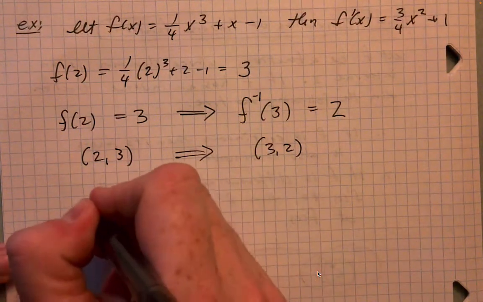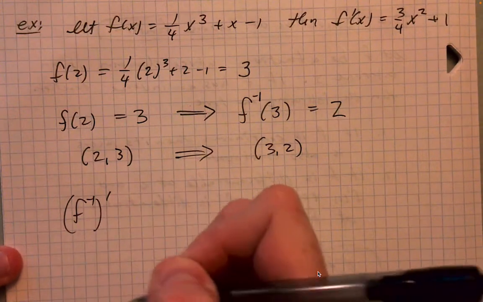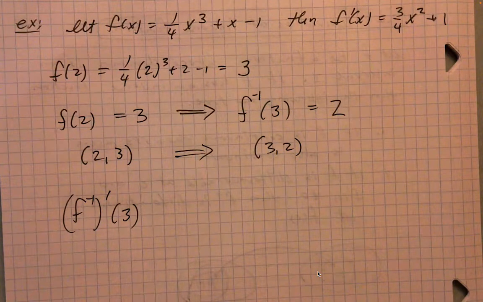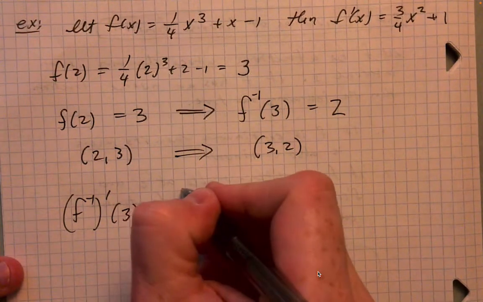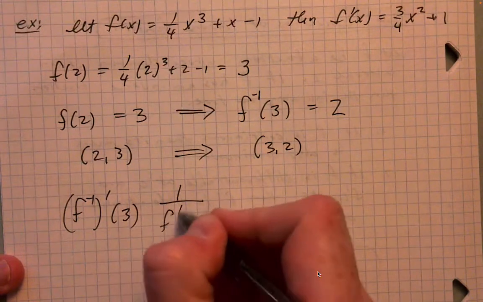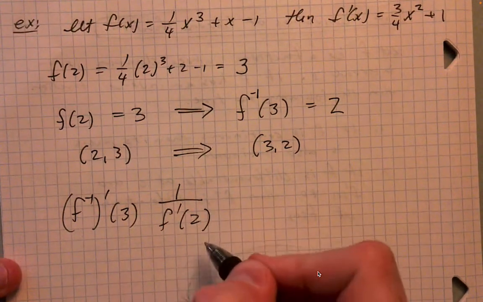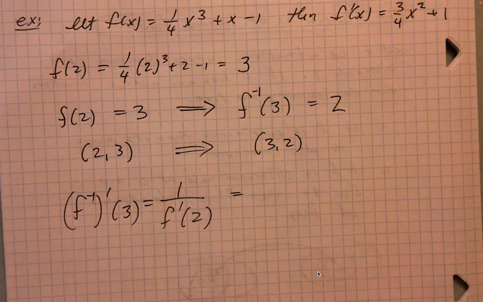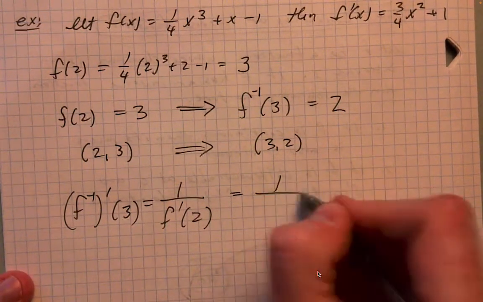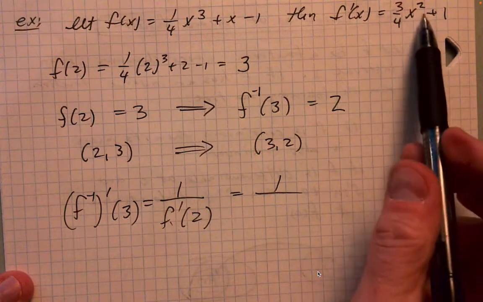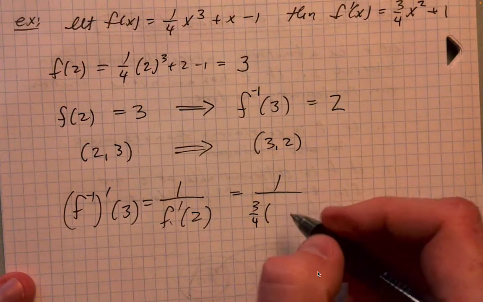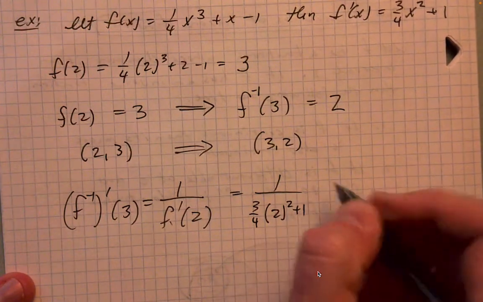Well, what we can say is that f inverse prime of 3 is equal to, well, the theorem above basically says 1 over f prime of 2, which we saw as 1 over, and then the derivative here would be 3/4 x squared plus 1, so it'd be 3/4, and then 2 squared plus 1.